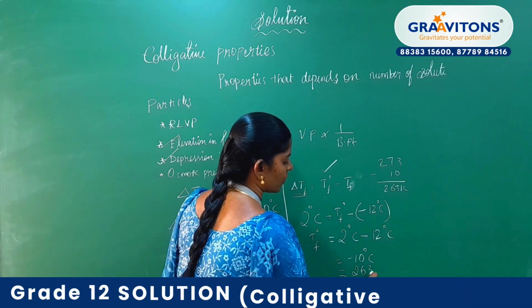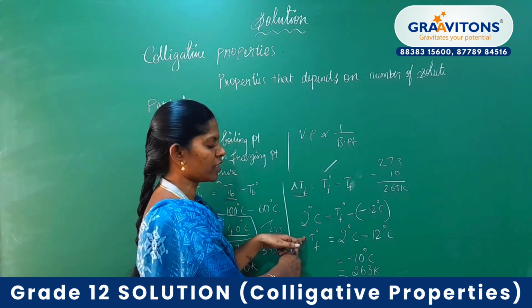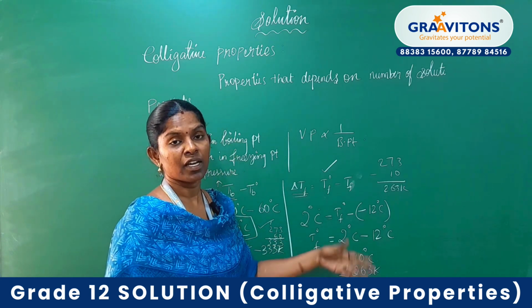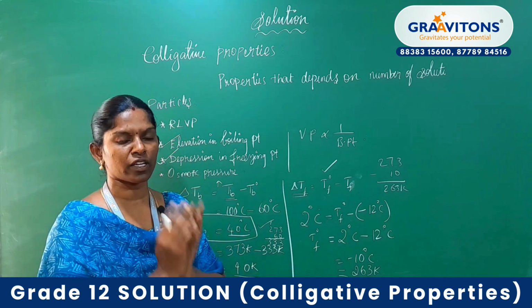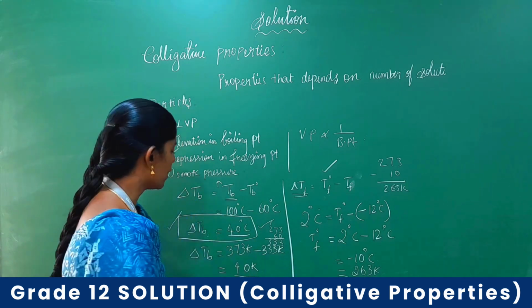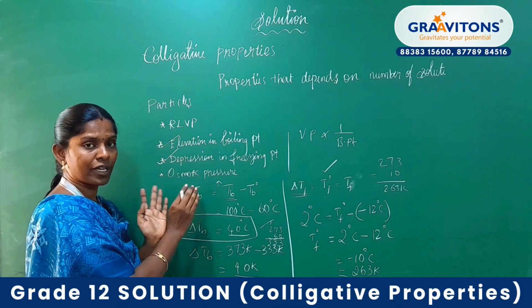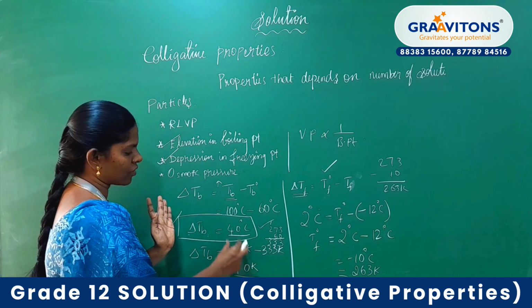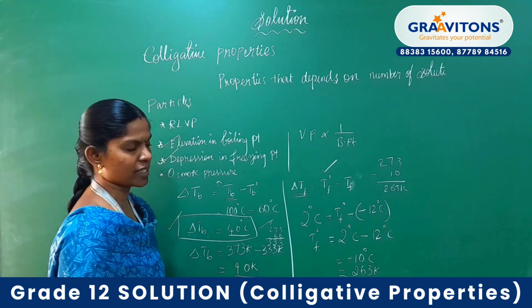When I take this TF naught, which is the freezing point of the pure solvent, in terms of degree Celsius and Kelvin, it is different. So what we conclude here is, while working out your problem, please take care. When you want to find the value of delta TB, the values are going to be the same, and we concentrate on the units expression.